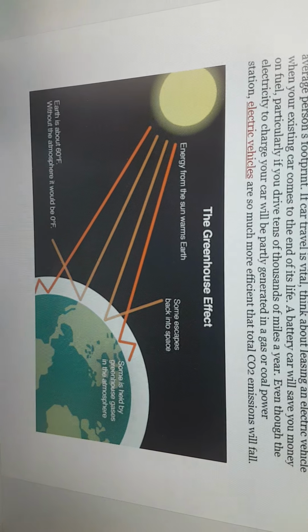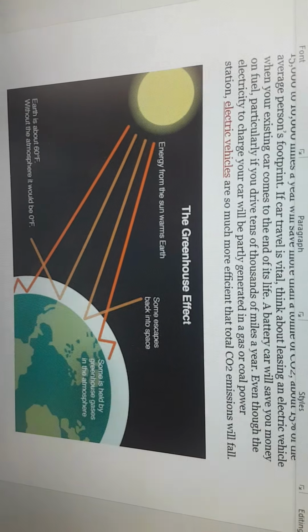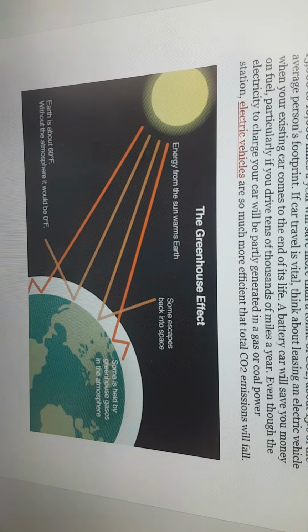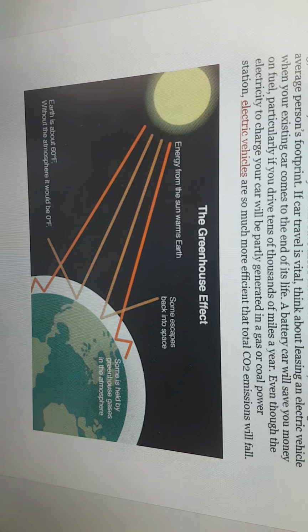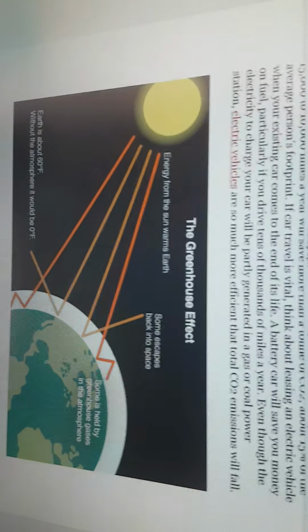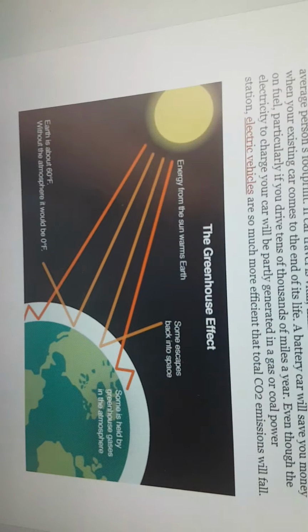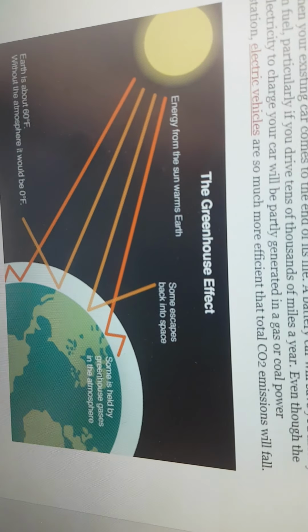No, it's not actually. If there was no greenhouse effect at all, the average temperature on the planet would be well below 0 degrees. In fact, I was just double checking the exact temperature it would be. It's estimated that the Earth's average temperature would be minus 18 without the greenhouse effect.